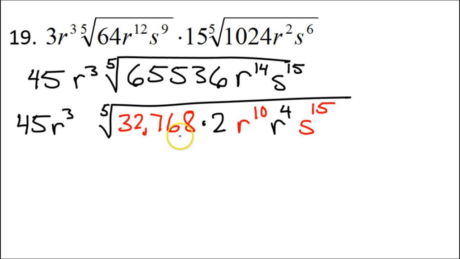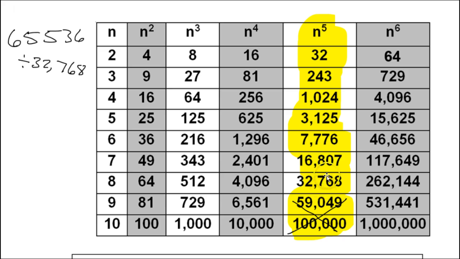So look, everything in red here under the radical has an even 5th root. So I'm going to take the 5th root, and these numbers will simplify and come out of the radical. So let's start with the 5th root of 32,768. Okay, so we're looking at this number right here. Alright, so look, the 5th root of 32,768 is 8.